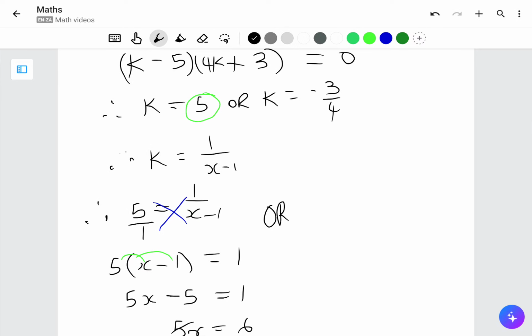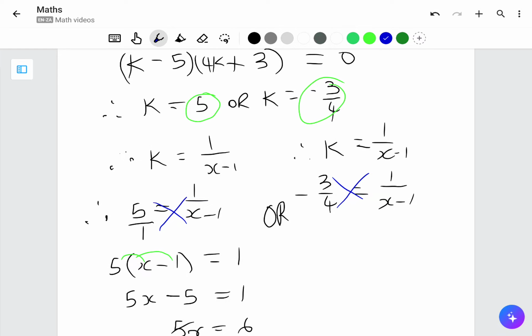So we know that k equals 1 over x minus 1. We found the value for k, and the other value for k was negative 3 over 4. So let's put the other value for k in, negative 3 over 4, and we know this equals 1 over x minus 1. We can cross multiply again.